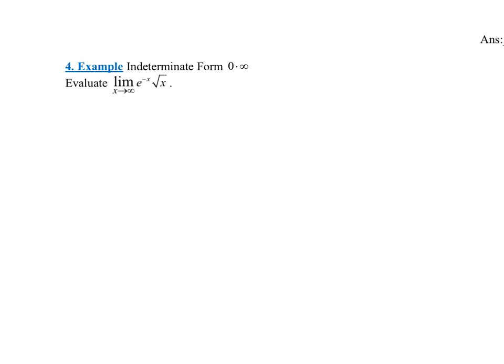Okay? Let's look at the next one. It says evaluate the limit as x approaches infinity of e to the negative x times the square root of x. Well, e to the negative x as x approaches infinity would approach 0, if you remember what the graph looks like. And then the square root of x would actually approach infinity.